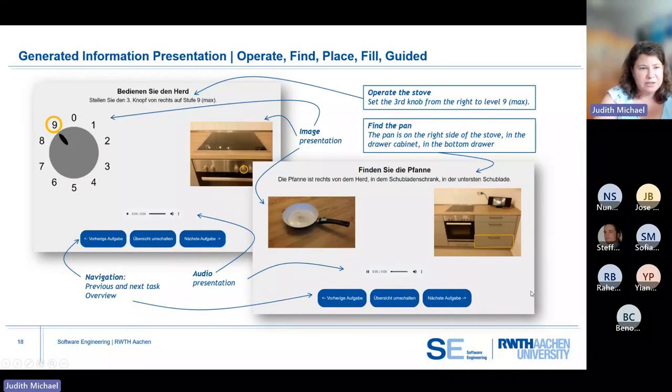And this also works for other kinds of interfaces, which means we are creating the texts which are shown in these interfaces based on the information that we have in the context model as well as in the task model during runtime. We add some pictures for these different objects, where to find them. We also have audio information and some navigation shown in the graphical interfaces.